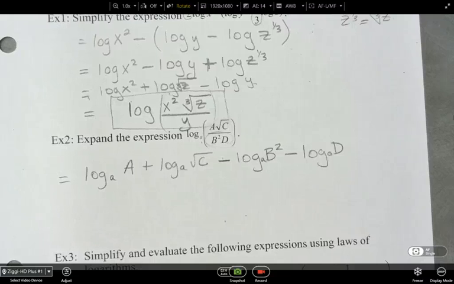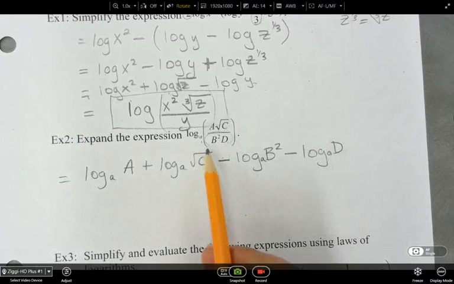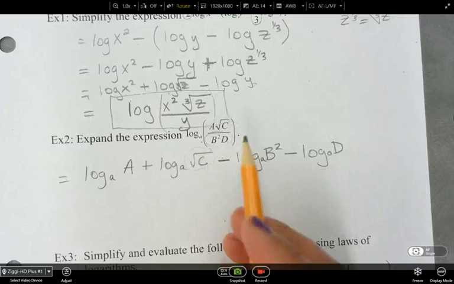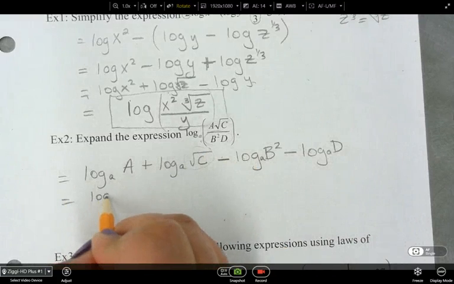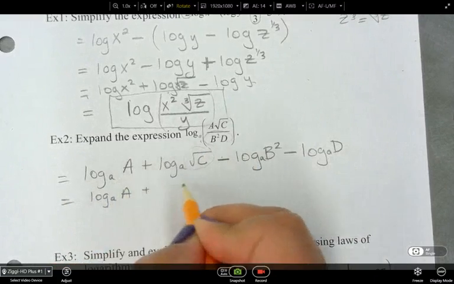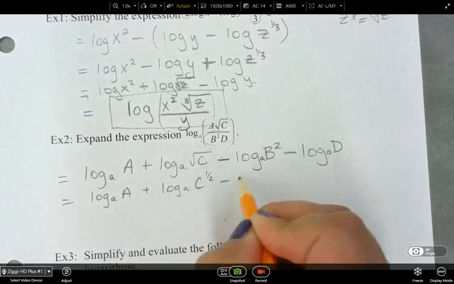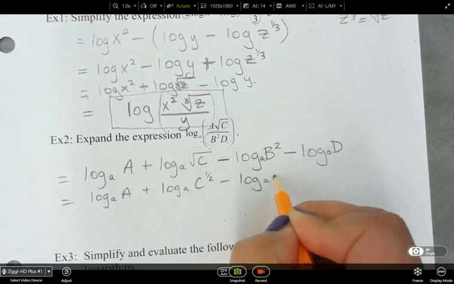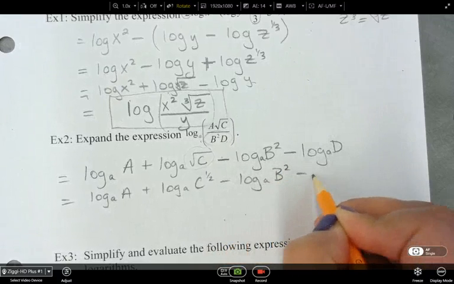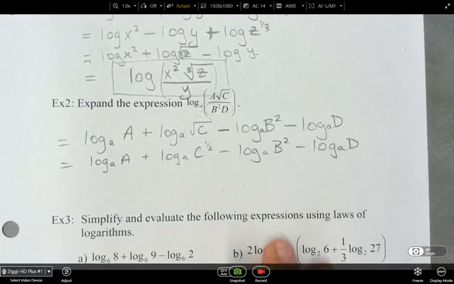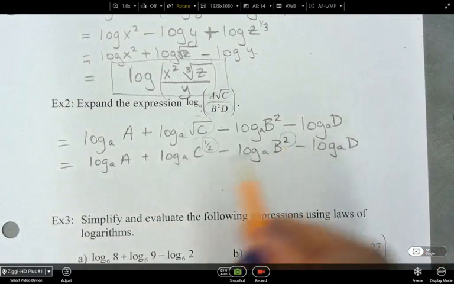Now I want to expand it as much as possible. So what can still be expanded here? I've got this square root, which means it's c to the power of what? A half. So I'm just going to rewrite this whole thing so that it looks a little nicer. So log a c to the 1/2 minus, and then I've also got another log with an exponent, right? So what can I do with those logs with the exponents here and here?